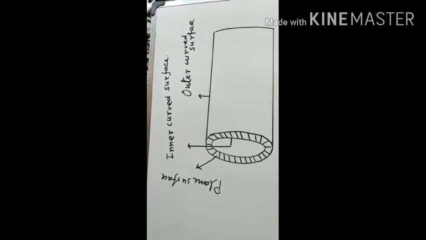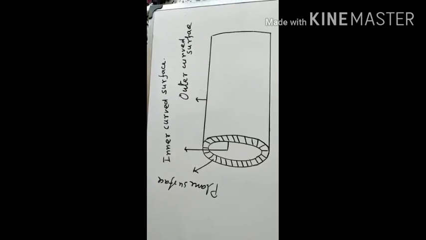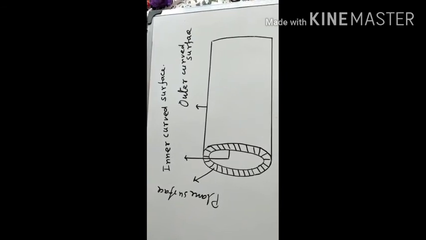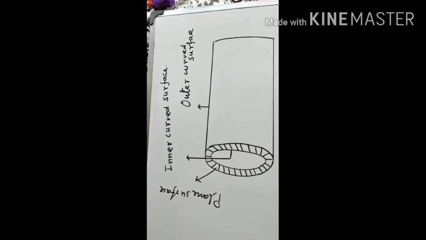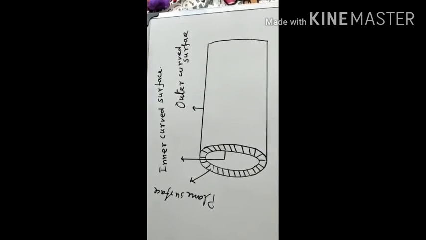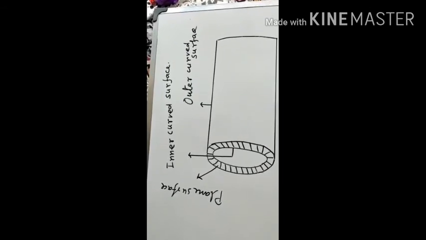At the two ends there are two plane surfaces. Solids which are similar to a hollow pipe in shape are called hollow cylinders.